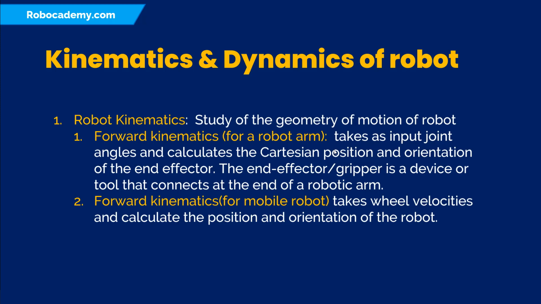Then it should grasp, then again compute the joint values. So the process that automatically happens in the human brain has to be done by programming in robots. That is actually the challenge.